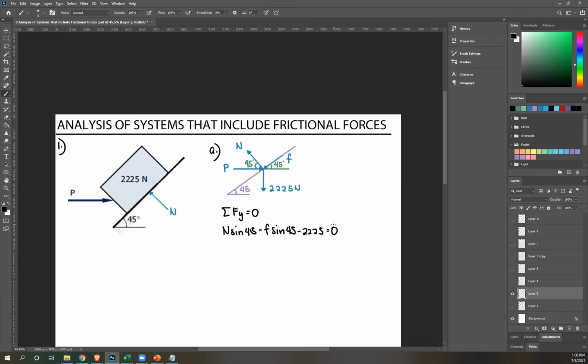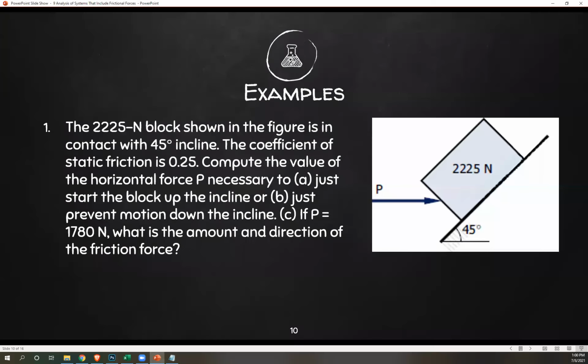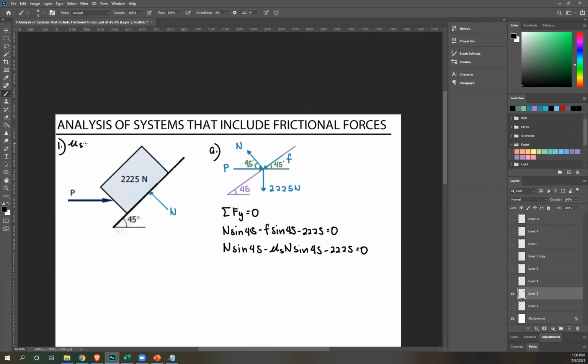Now, this is just impending motion. So the equation for F is mu s times n. So we can sub that, n sine 45 minus mu s n sine 45 minus 2225 equals 0. What's mu s? 0.25. So now just sub that. We can factor out n here.